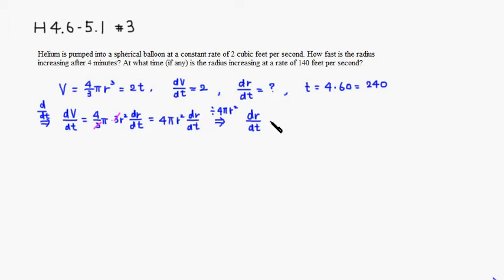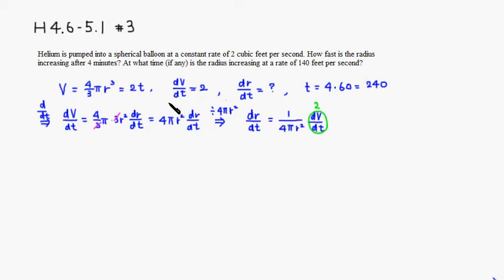Switching sides, dr over dt is equal to 1 over 4 pi r squared times dV over dt. We already know that dV over dt is 2. Then we need to know the value of r, so we have to find r here.